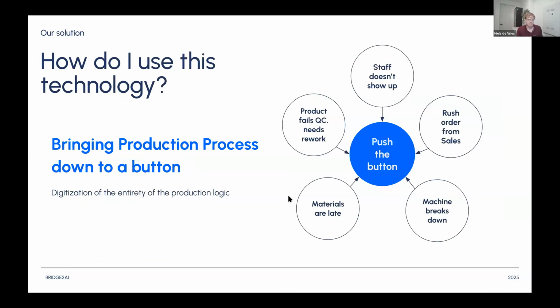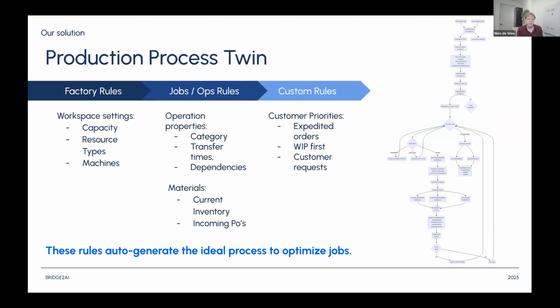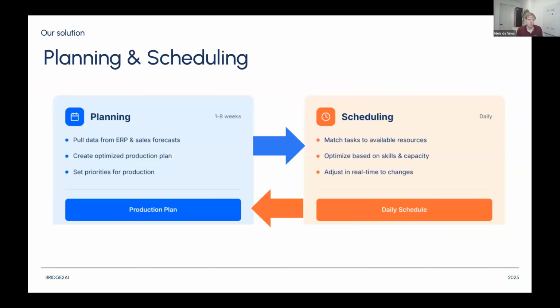Okay. Lastly, how I use this technology. I use it for bringing production processes down to the click of a button. I build digital twins of production logic, and when something changes, materials are late, staff doesn't show up, I have a production process twin that knows how to deal with it, and we can auto-generate new schedules, new rules, etc. My software usually spans both planning and scheduling, because I find this is the process that changes the most.